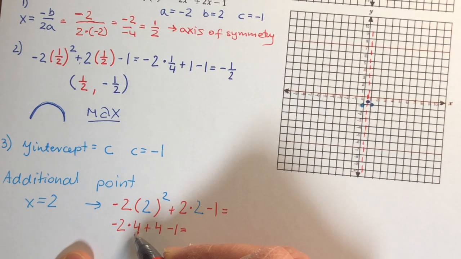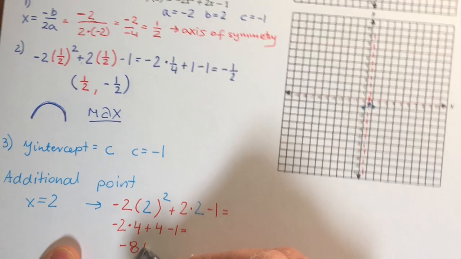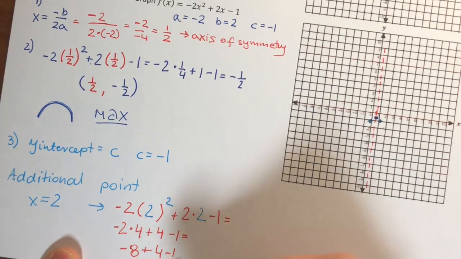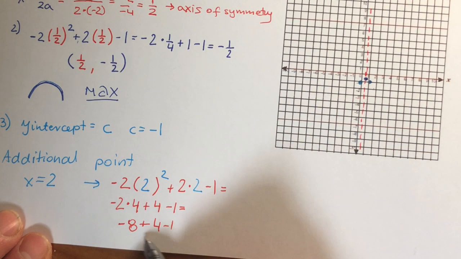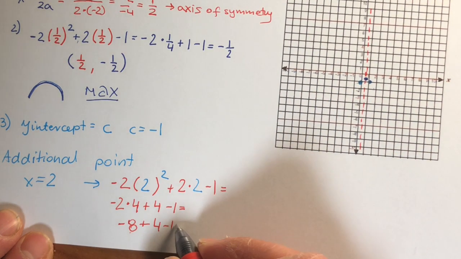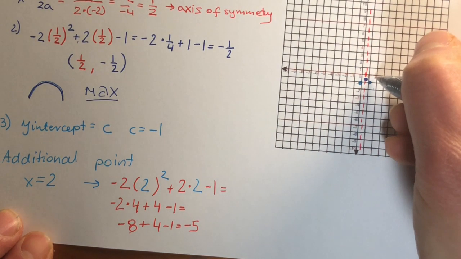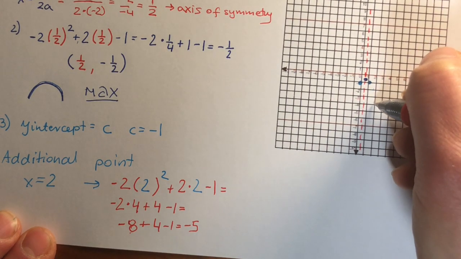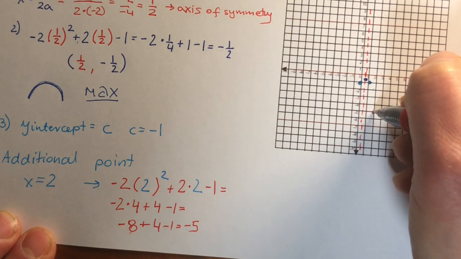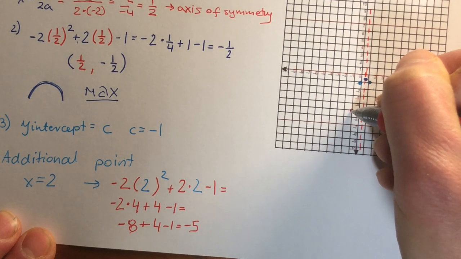Negative 2 times 4 is negative 8. Plus 4 minus 1. And this is going to be equivalent to negative 5. So notice, when I am at x equal to 2, my y value is negative 5. And then I know that this is going to be symmetric.